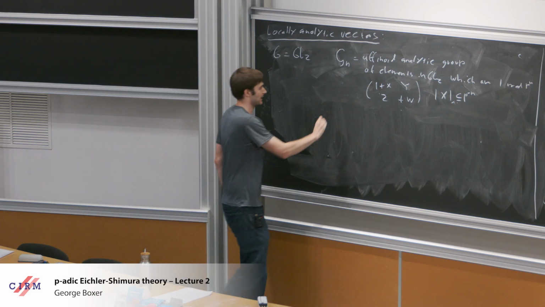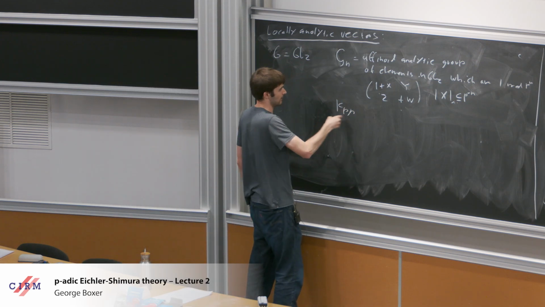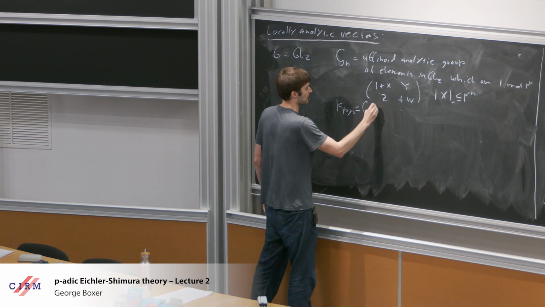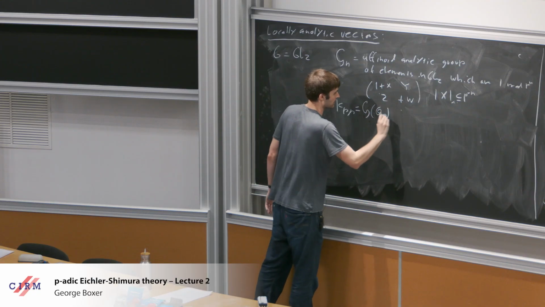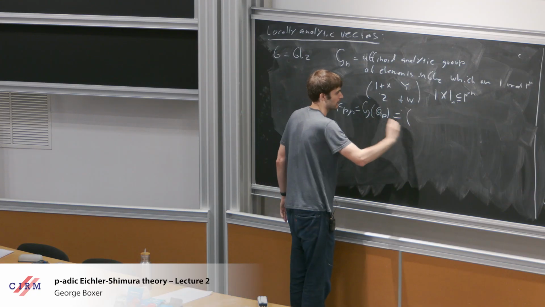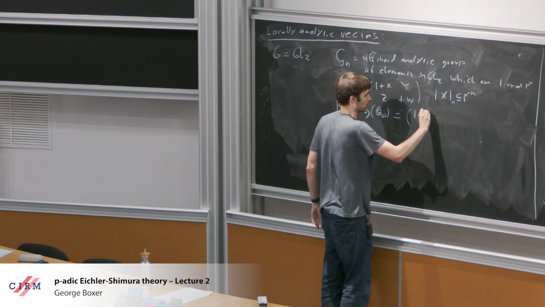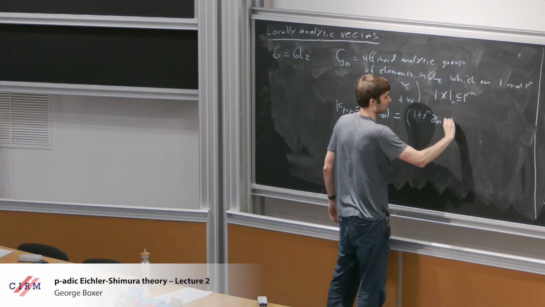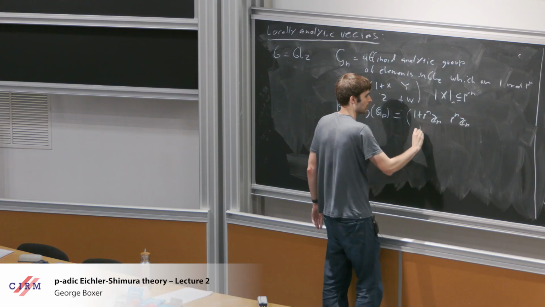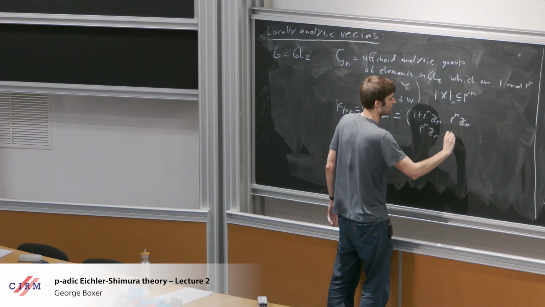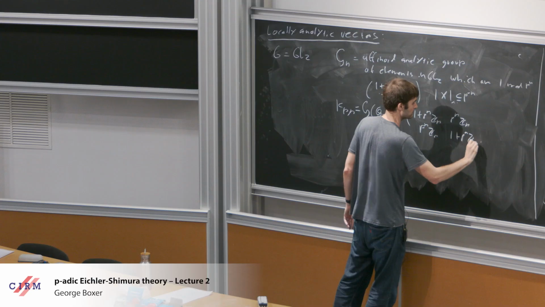And I'm going to let K_{p^n}, the group of Q_p points of this, be the principal congruence subgroup, so matrices of the form 1+p^n Z_p, p^n Z_p, p^n Z_p, 1+p^n Z_p.